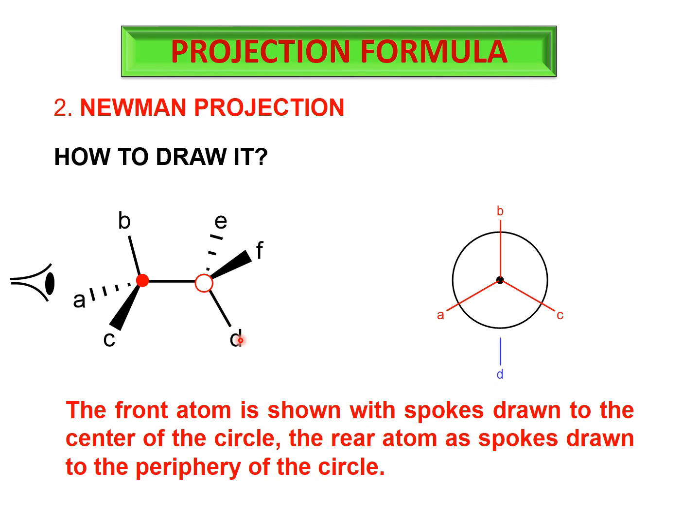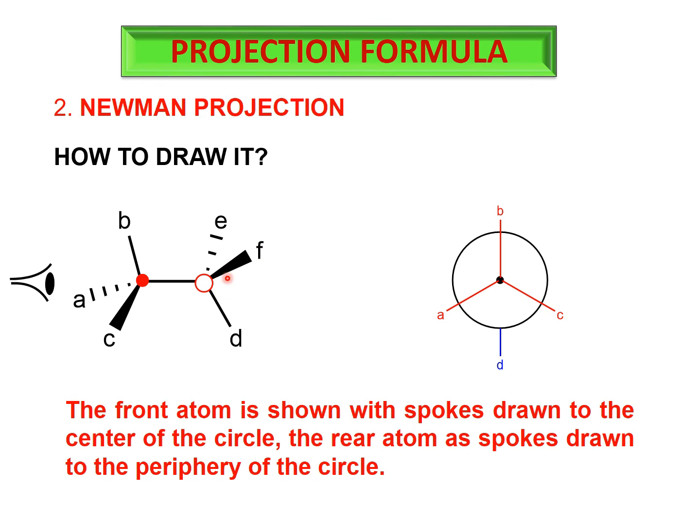This spoke is drawn from the periphery of the circle, but it should always point to the center of the circle. So you don't draw it from the center, but it should be in a direction as if it is pointing to the center of the circle. Then you have F, which is drawn with a solid wedge projecting upwards. So it is in front of the screen, and when you're standing here, the front of the screen is towards your right.